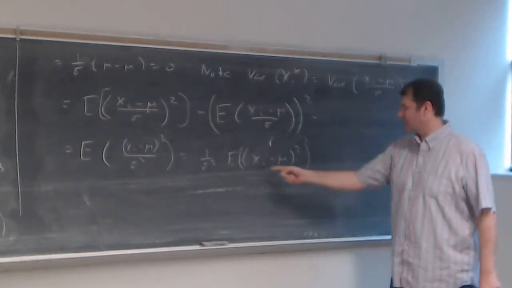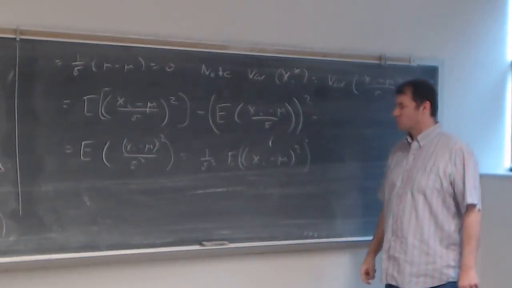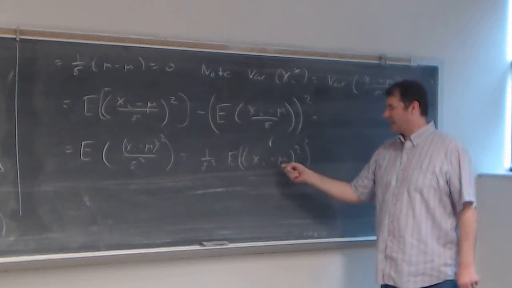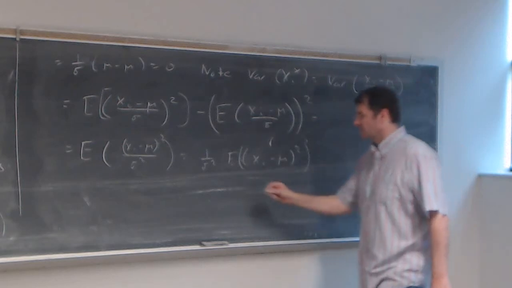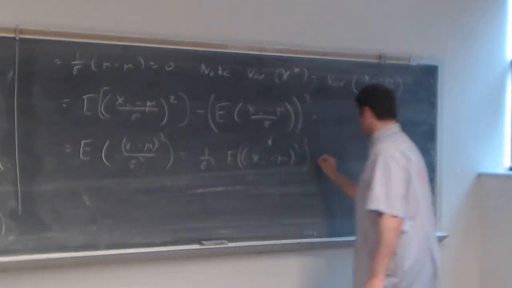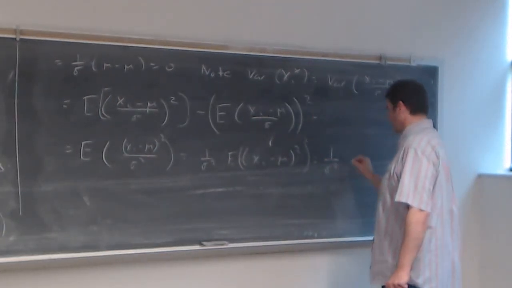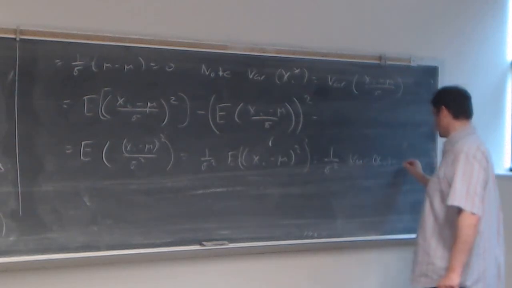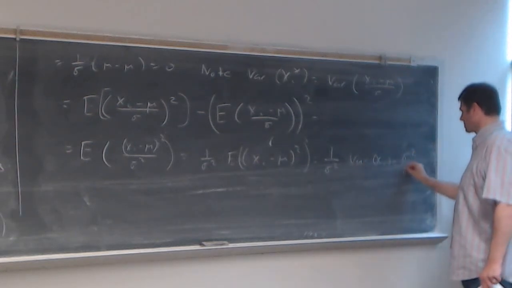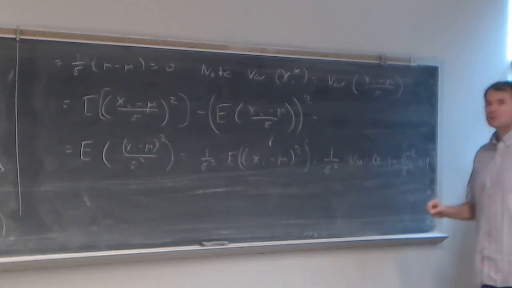The expected value of x sub i minus mu, squared, since the expected value of x sub i is mu, is nothing more than the variance of x sub i. So this is 1 over sigma squared times the variance of x sub i, which equals sigma squared. So this is sigma squared over sigma squared, which equals 1.